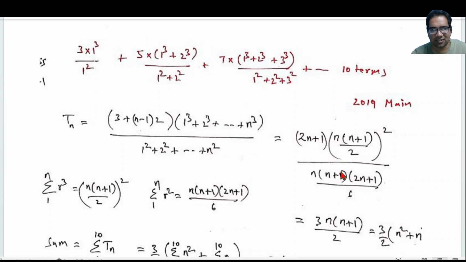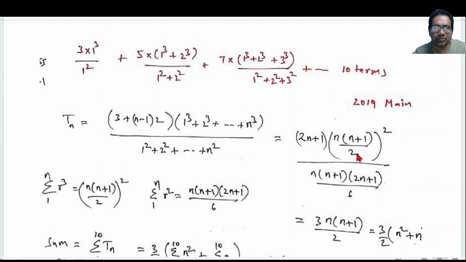Now, there is n into n plus 1 whole square, and there is this 2n plus 1. This 2n plus 1 and this 2n plus 1 will cancel. Here it is n into n plus 1 whole square, so one factor will get cancelled and we'll be left with one n into n plus 1, and this 6 will go to the top.